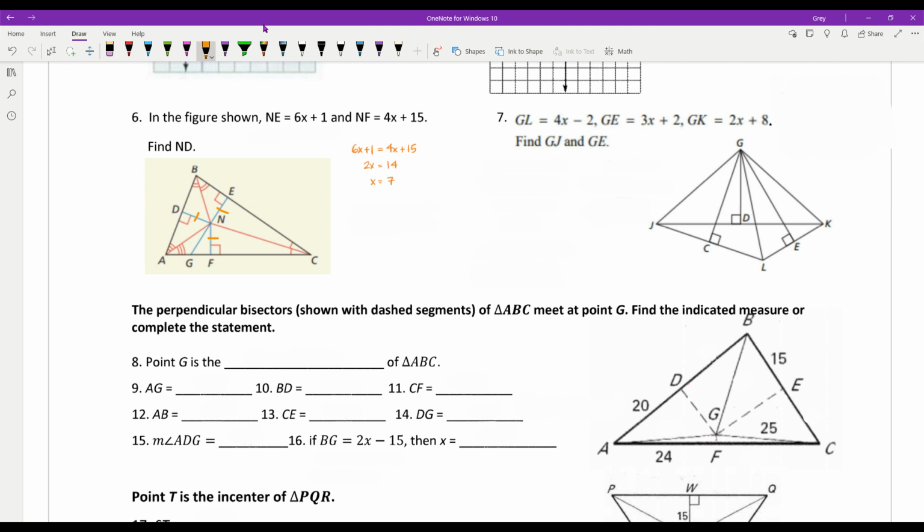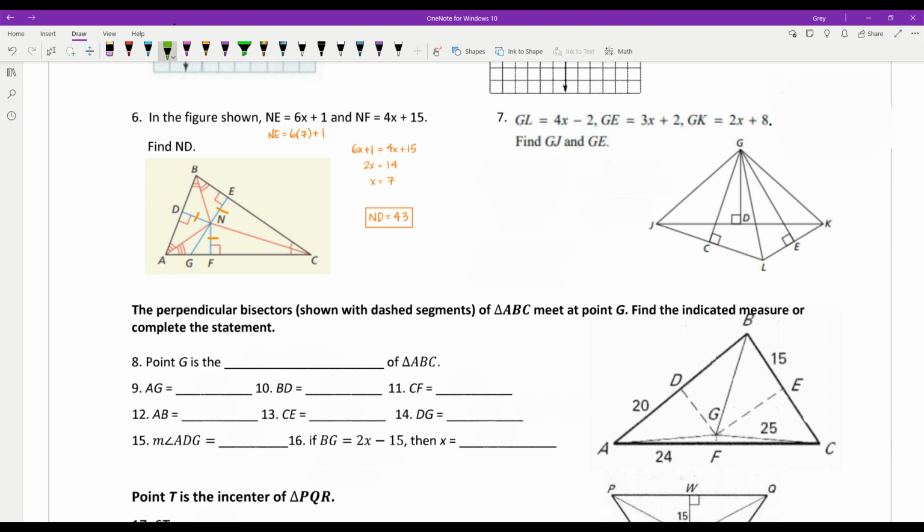You can plug it into either of them, y'all, because they're all the same: ND, NE, NF. I'm choosing the NE expression because that seems a little bit easier to calculate. So NE, which is the same as ND, is equal to 6 times 7, plus 1. So when I plug in 7, I find that NE is 43. So that means ND is 43.